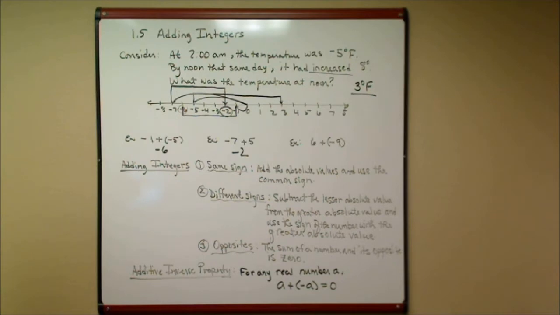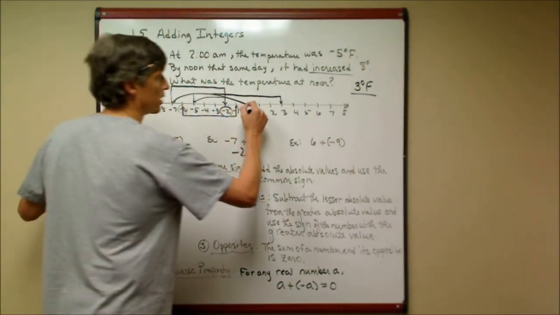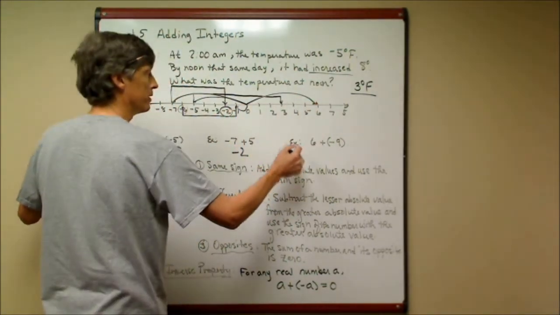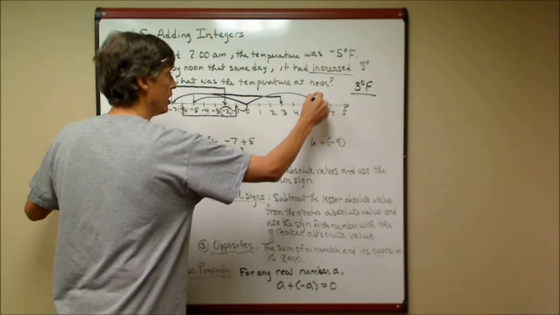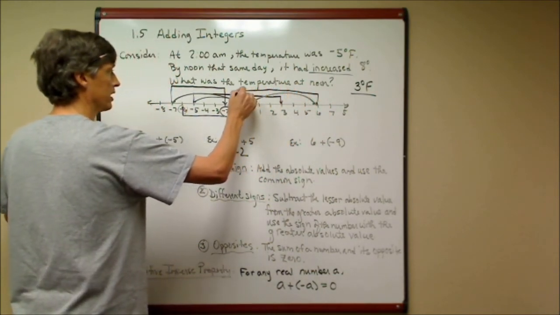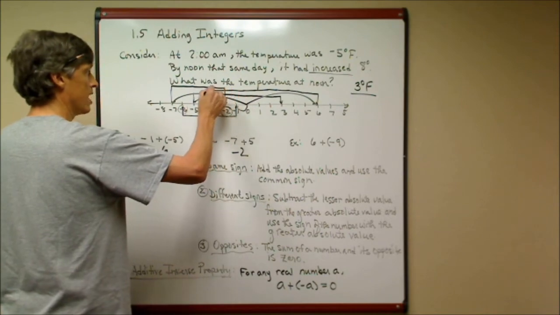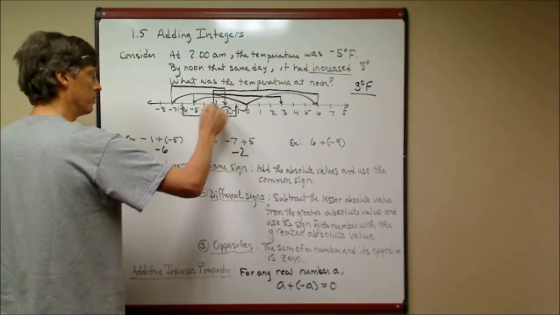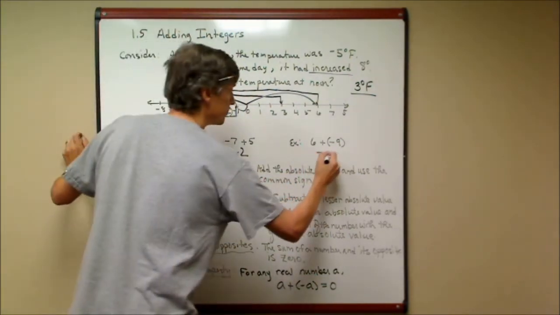Now I put parentheses around the -9 so that you could see it wasn't a subtraction sign. Some people get that confused. So this is 6 plus -9, so I would start at 6. That would be over here to the right. But then I would come back, ready? 1, 2, 3, 4, 5, 6, 7, 8, 9. And that gets me to -3.